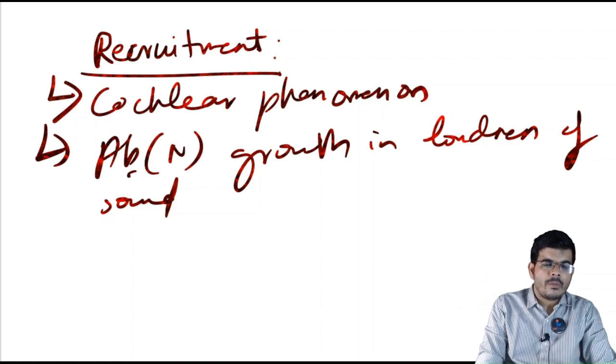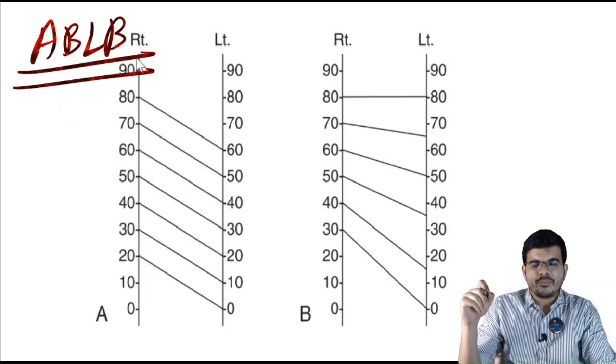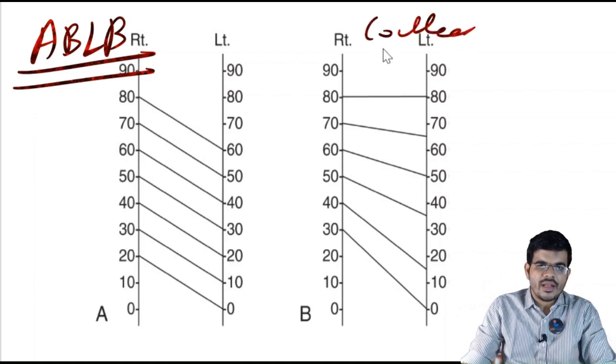And how can you elicit this recruitment? You can do a test called the alternate binaural loudness balance test. When the same intensity is given alternately in either ear, the sound perceived will be different. In a case of cochlear deafness, it will be like this. Initially, for the same 0 decibel sound, you can't hear on the right ear.